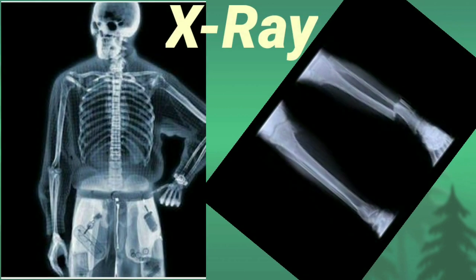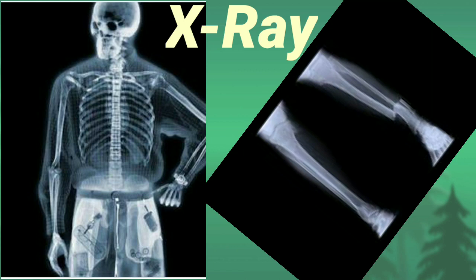X-ray. When a person meets with an accident and hurts his or her bone, on visiting the doctor, he or she is normally advised to get an X-ray report, wherein an X-ray image is taken of the part which is swollen to confirm if the person has fractured a bone.